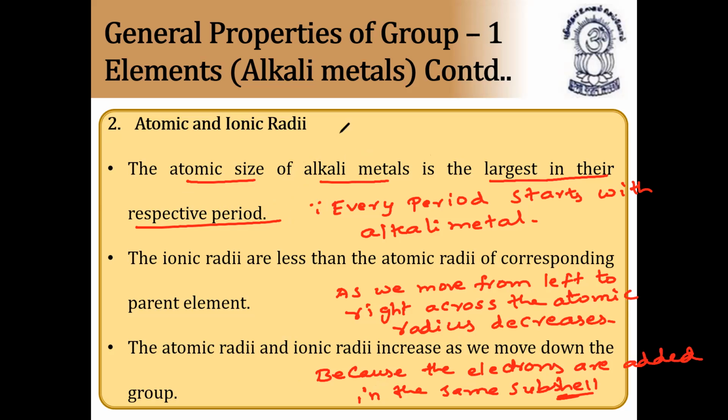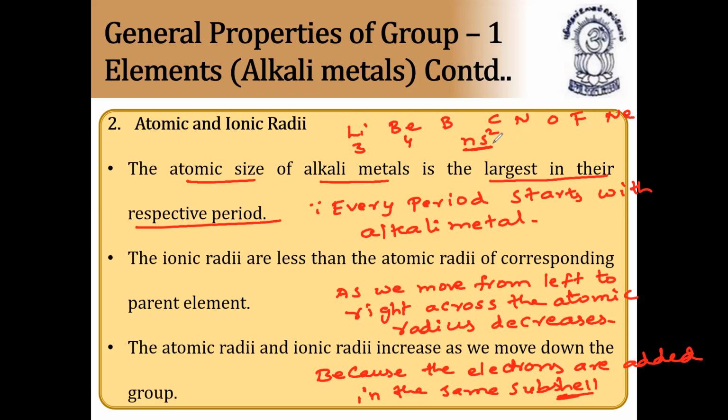Suppose you see the second period. The second period elements: first lithium, then beryllium. Beryllium's atomic number is 4, lithium is 3. So ns2. And next we have boron, carbon, nitrogen, oxygen, fluorine, neon. So these elements are 5, 6, 7, 8, 9, 10.